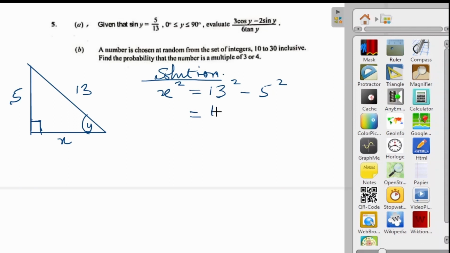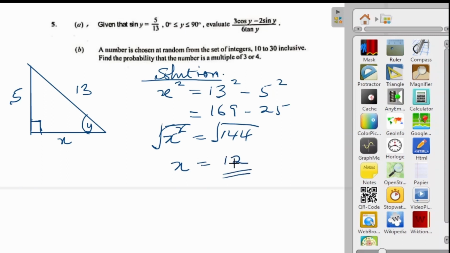So 13 squared is 169 minus 25, which is 5 squared, and x squared is going to give us 144. We take the square root of both sides to get rid of the square, and that gives our x to be 12. So from here we can now have our 3 ratios and just substitute them into the expression.